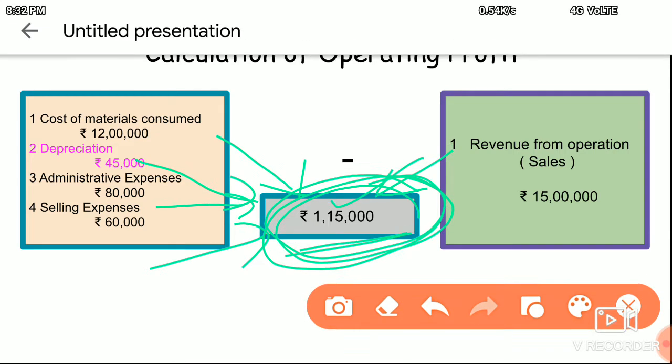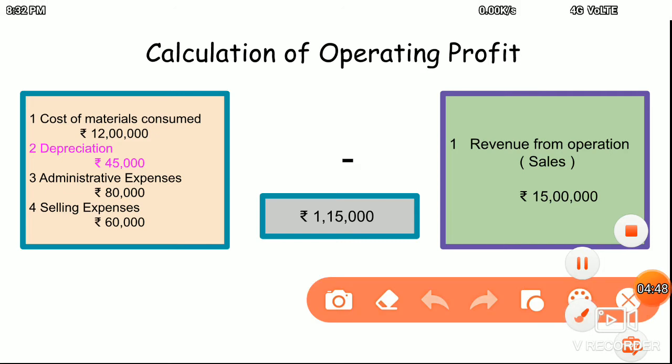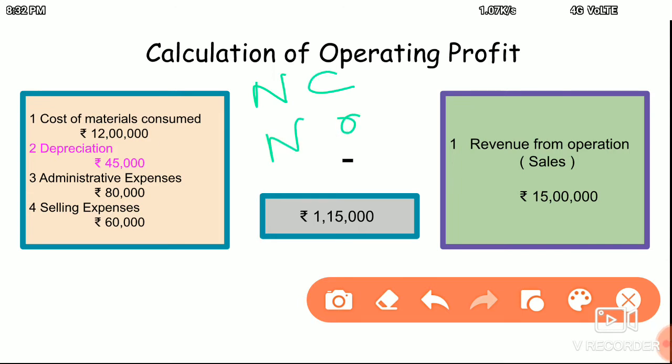If we look at our expenses side, we can see the items. We will just take those items which are actually non-cash and non-operating, which have affected our profit, and we will adjust them. If such items are on the expenses side, we are going to add them, and if such items are on the income side, we are going to subtract them.